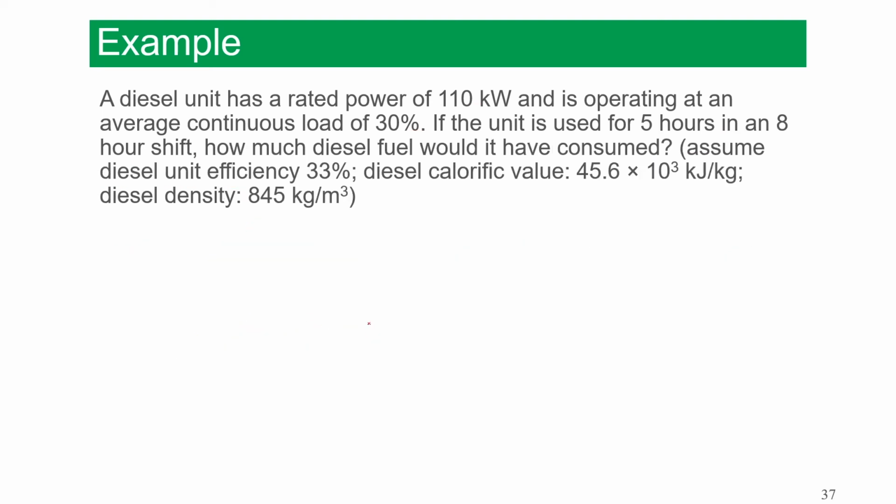Here is another example. A diesel unit has a rated power of 110 kilowatt and is operating at an average continuous load of 30%, the same as the previous question. If the unit is used for 5 hours in an 8-hour shift, how much diesel fuel would it have consumed?